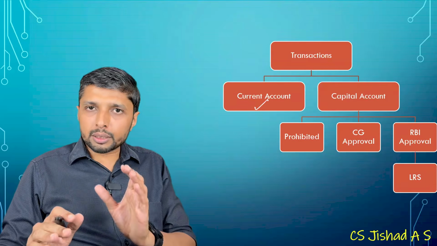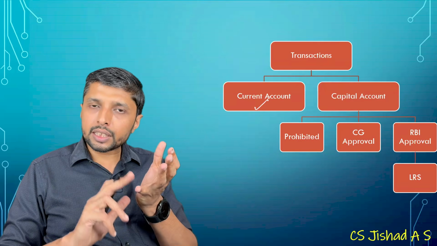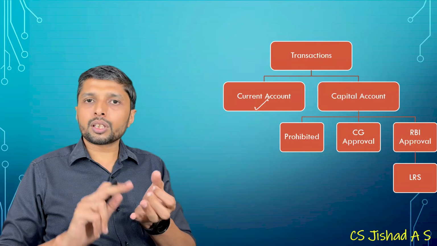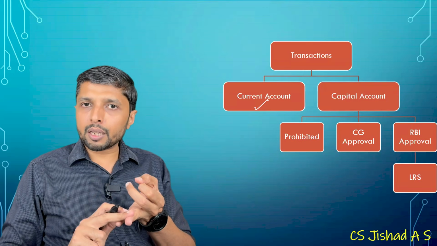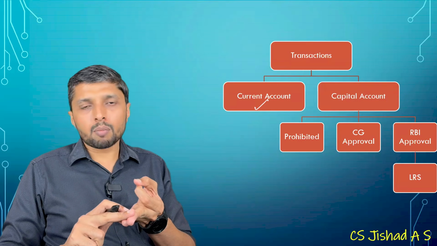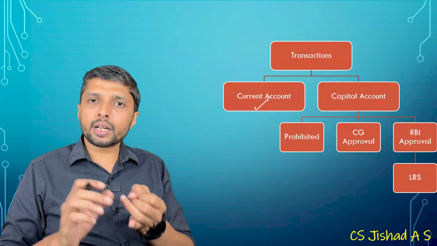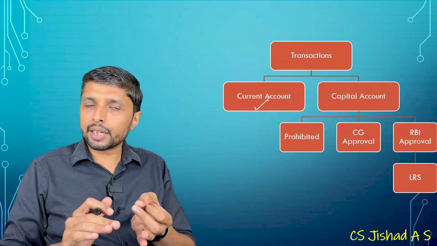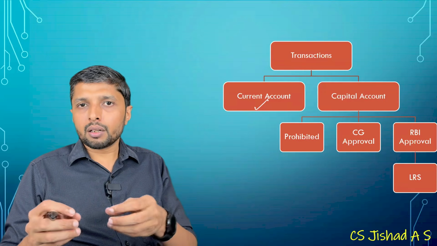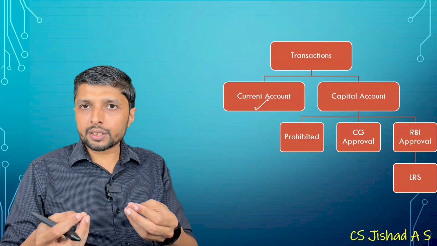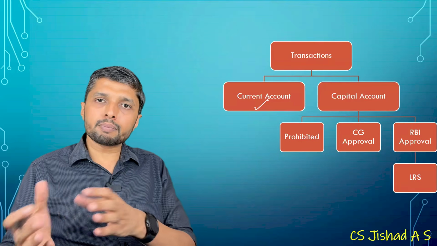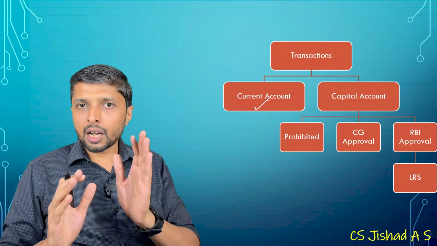With respect to current account transactions, there are transactions which are prohibited by regulation, which require central government approval, and which require RBI approval. The prohibited transactions are like traveling to Nepal, Bhutan, transacting with persons resident in Nepal, Bhutan, remittance out of lottery winnings, etc. Then remittance for purchase of lotteries, banned or prescribed magazines, etc. are prohibited.